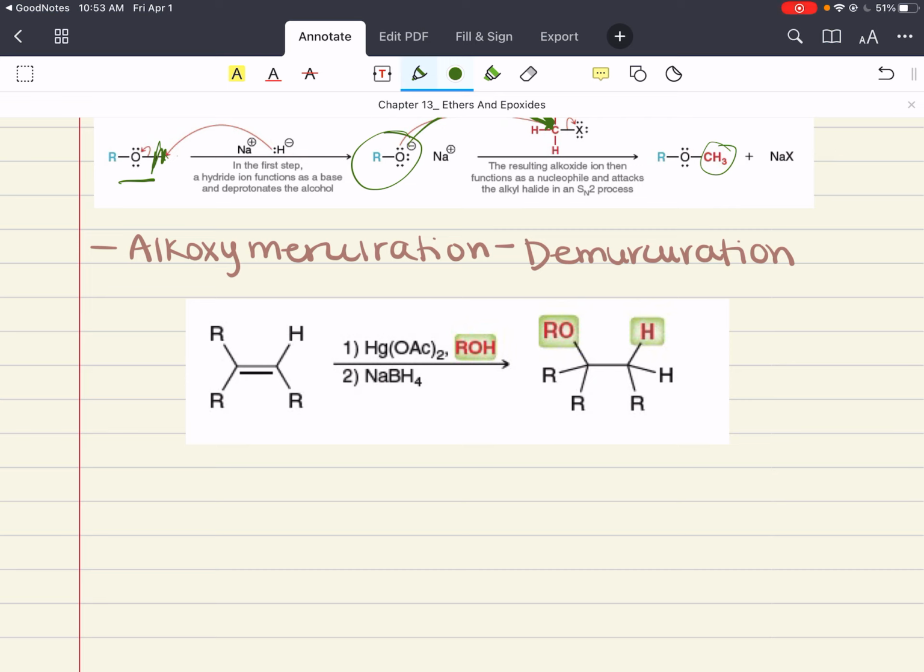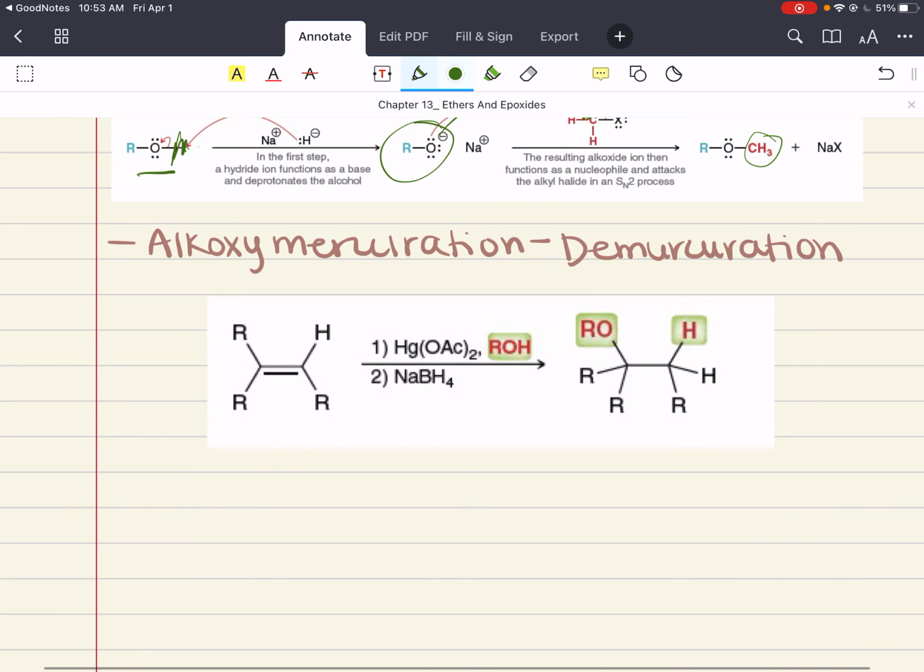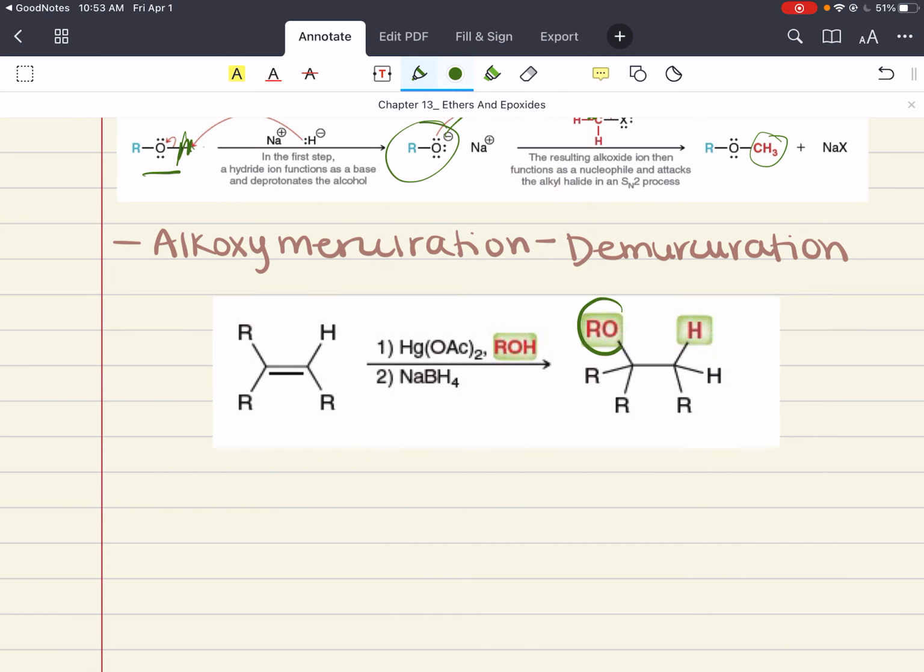Here, if the alcohol is used in place of the water, then the result is going to be the Markovnikov addition of an alcohol across the alkene, where you add an OR group to one side of the double bond and a hydrogen to the other.